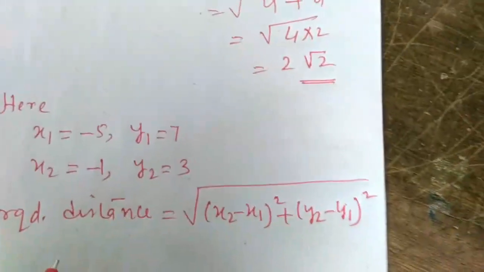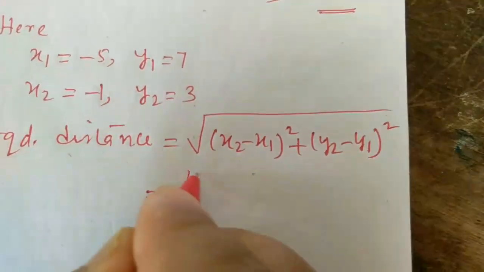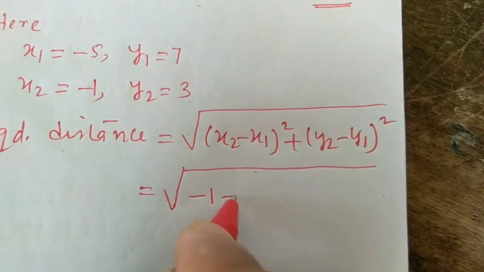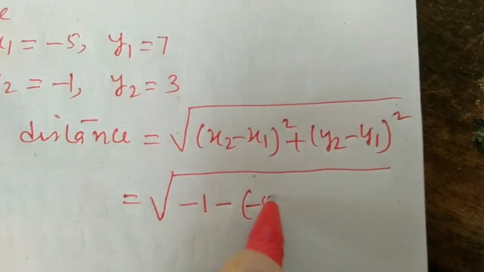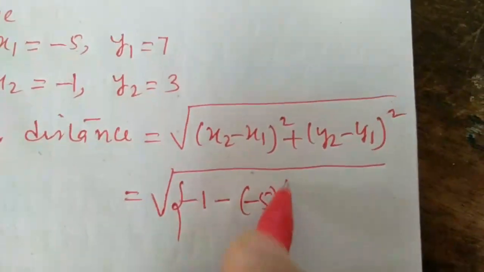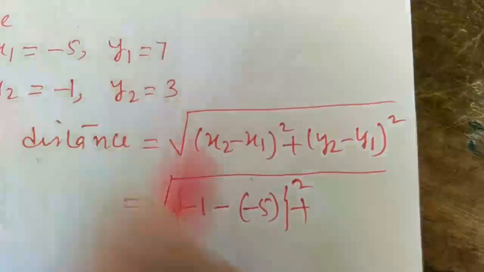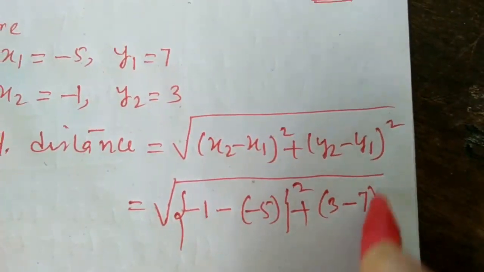Alright, put the value of x2, value of x2 is minus 1 minus value of x1 is minus 5, so within bracket we will write like this, whole square, plus value of y2 is 3 minus y1 7.